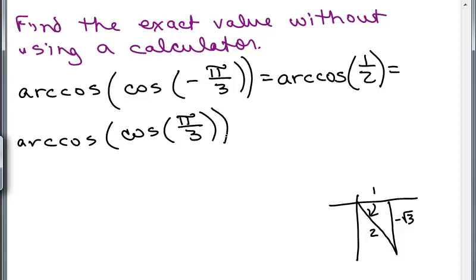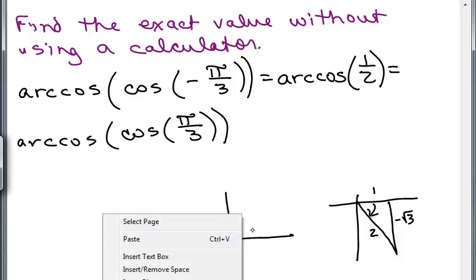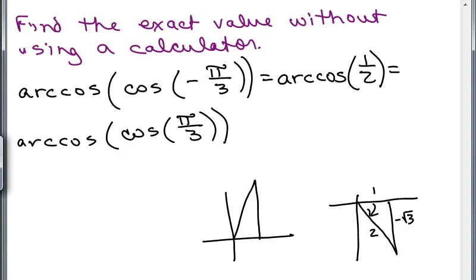The cosine of negative pi over 3 happens to be the same thing as the cosine of pi over 3. Just alternate ways people think about the same problem, and then if you draw pi over 3 up here, you're still going to get 1/2, right? There's pi over 3. And so when you compute the cosine, you're still going to get 1/2. So just notice, if you did it this way, you would still get to the same point.